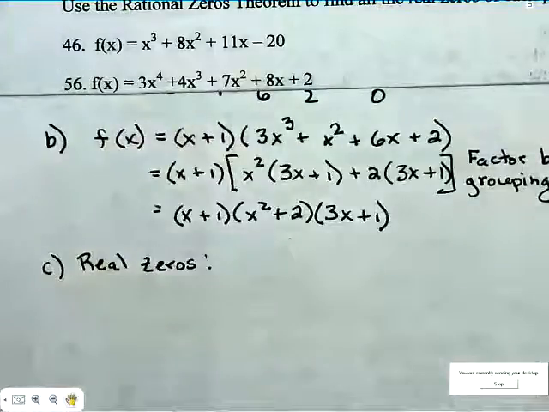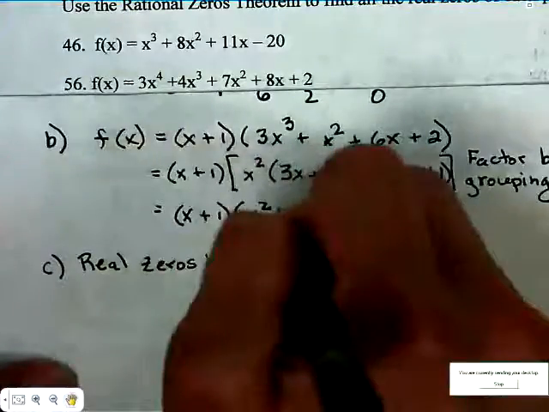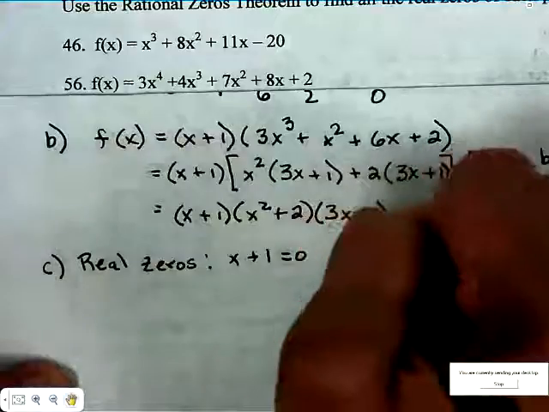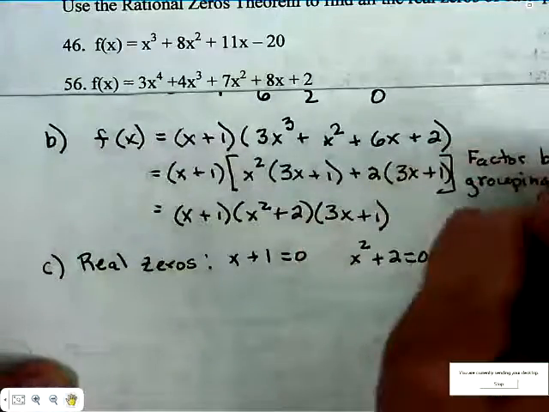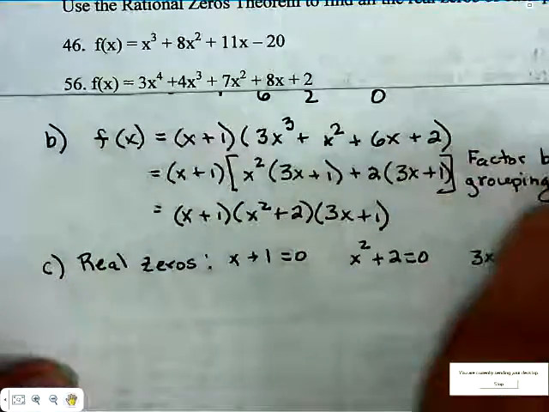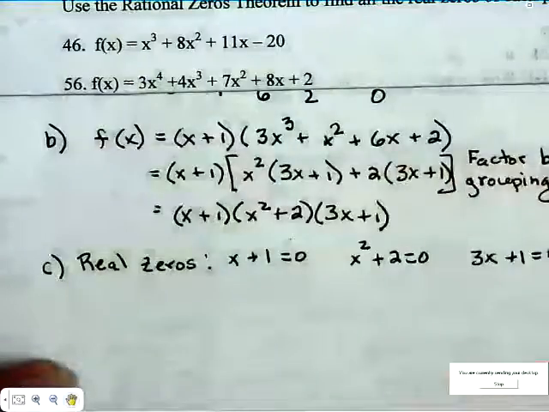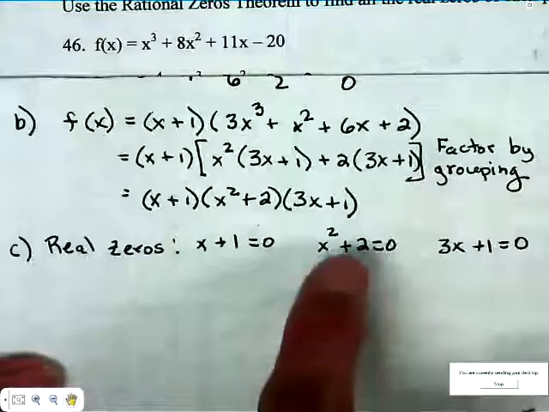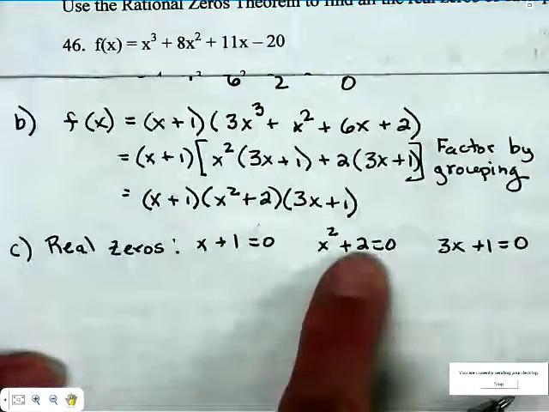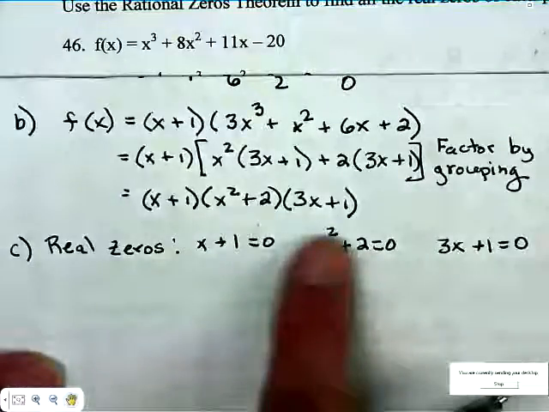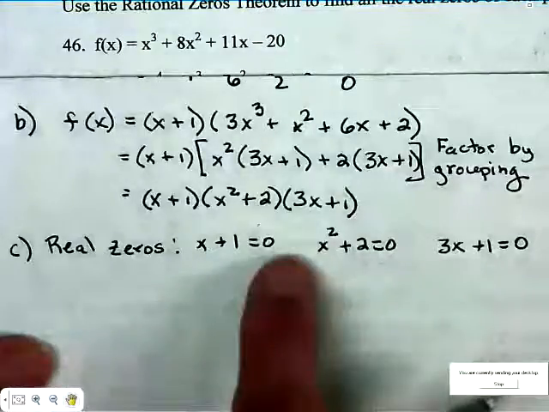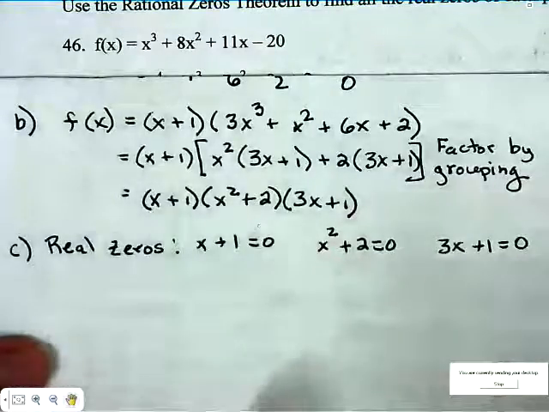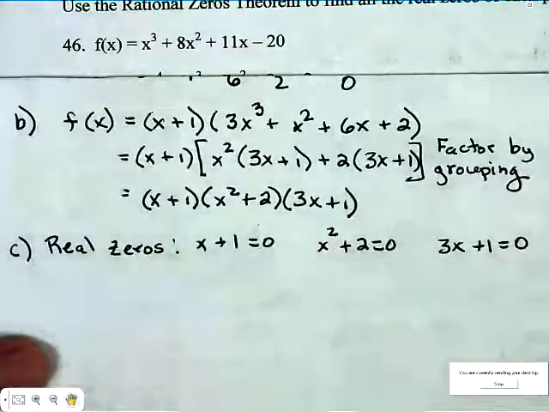If I set each of those factors equal to 0, how many real zeros am I going to get? Why just 2? I have 3 factors. But that one would give me an imaginary solution. If I subtracted 2 from both sides, I'd have x squared equals -2, and then you're right, to take the square root of both sides would give me an imaginary solution.